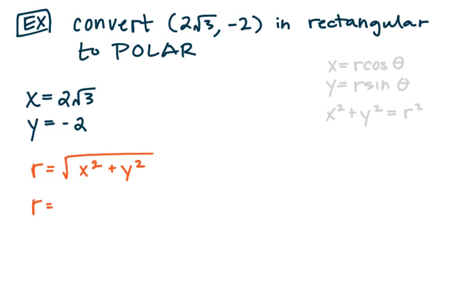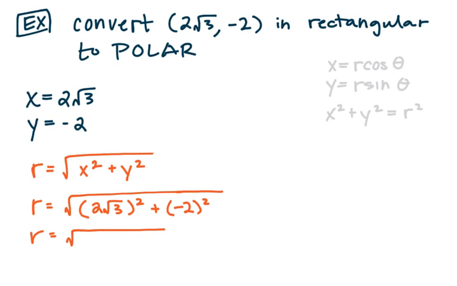That calculation looks like r equals the square root of (2 root 3) squared plus (negative 2) squared. That is the square root of 4 times 3, 12, plus 4. R equals the square root of 16, or 4. Then we have two ways to get theta. I can use cosine and sine.